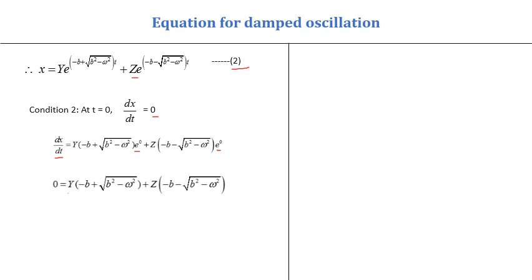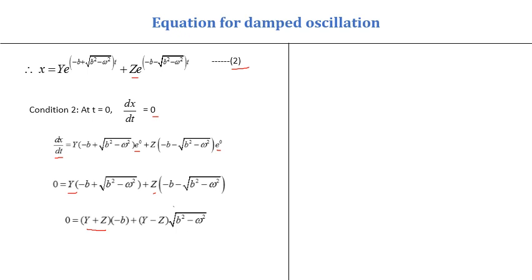Now multiply y and z inside the bracket and take the common things out, so that we get the expression 0 equal to y plus z into minus b plus y minus z into square root of b square minus omega square. By applying condition 1, we already found the value of y plus z. It is nothing but a.